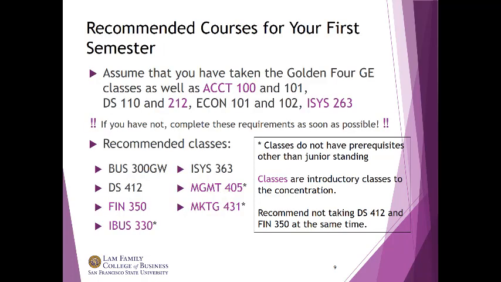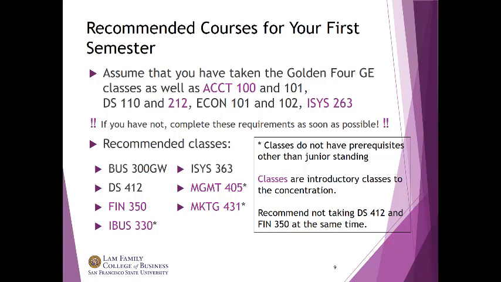Now, specifically, if you are a new transfer student, here's what you should look at taking in your first semester. If you haven't already taken one or more of the Golden 4 or the lower division business classes, take them as soon as possible. After that, start in on your core classes.